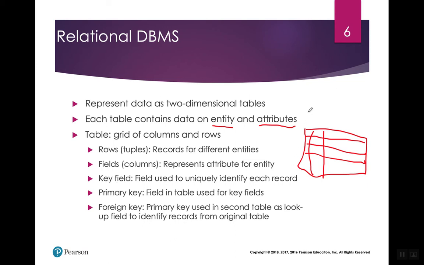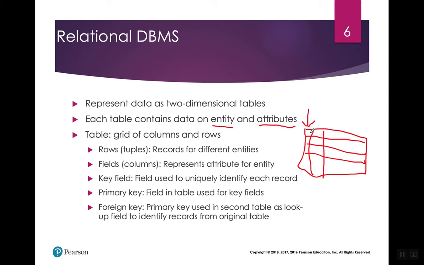So there's one field that we designate in the table that will make every row in the table unique. For example, Social Security number. Theoretically, there are no two people with the same Social Security number, right? So if you use the Social Security number as a key, that would make it unique.